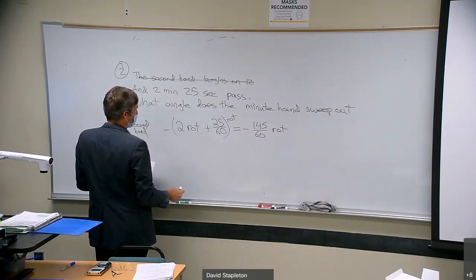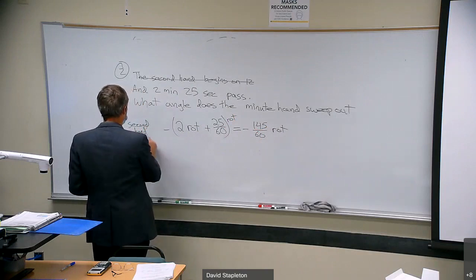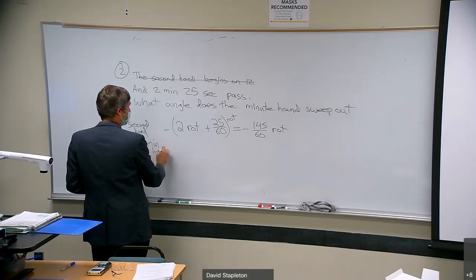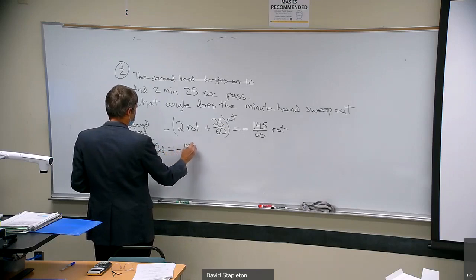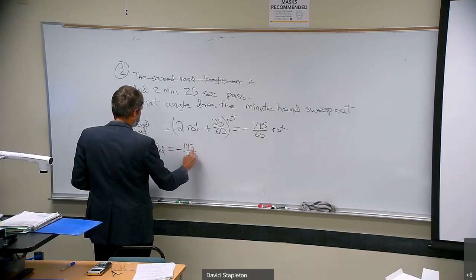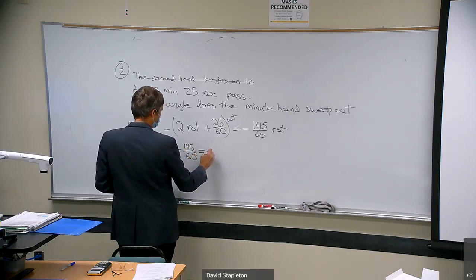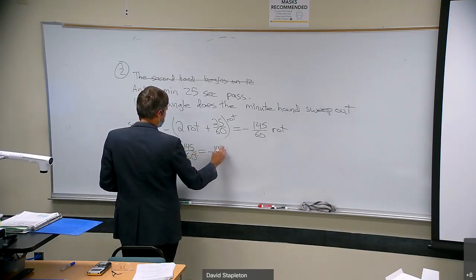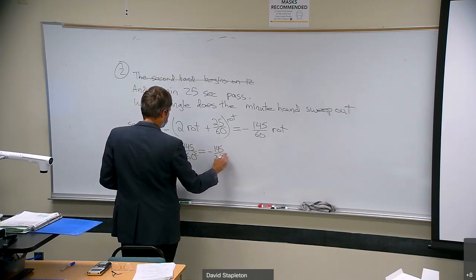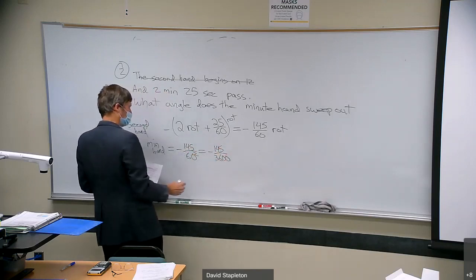Now the minute hand is gonna go 1/60th that far, so the actual question was the minute hand is minus 145 over 60 squared, right? Over 60 times 60, 3,600 rotations.